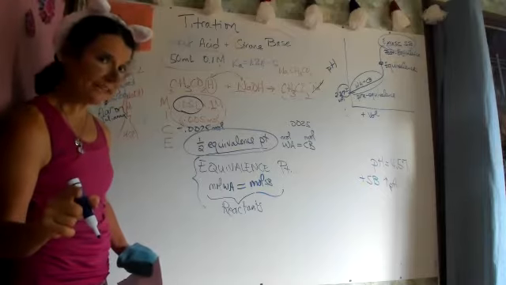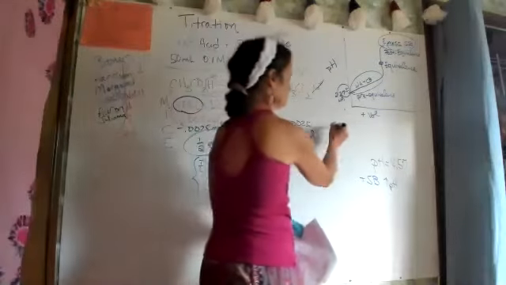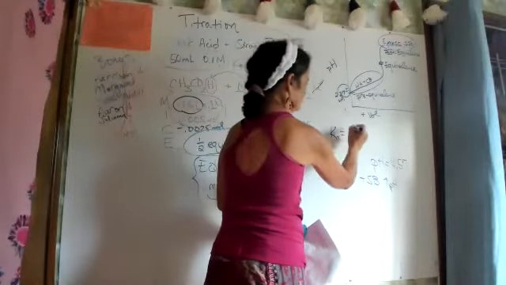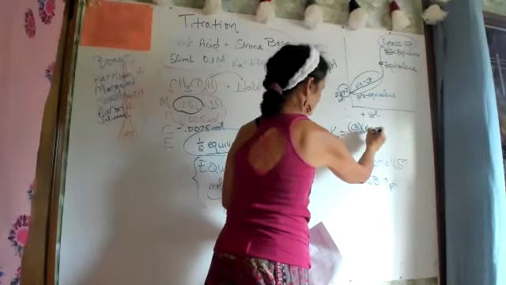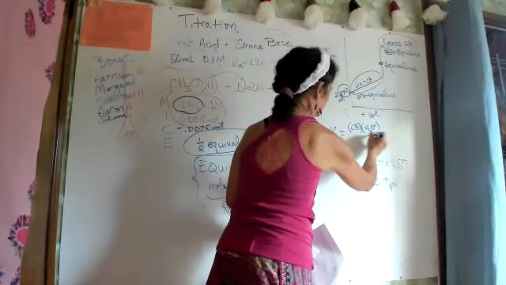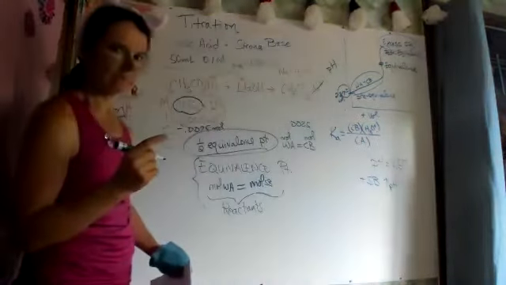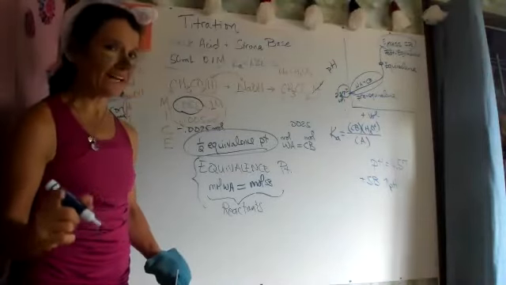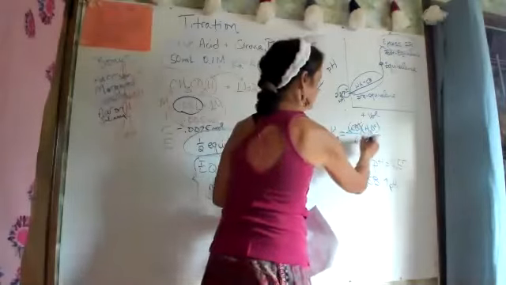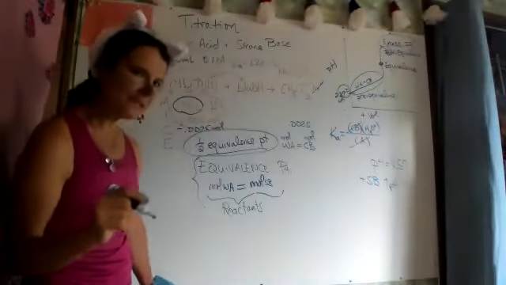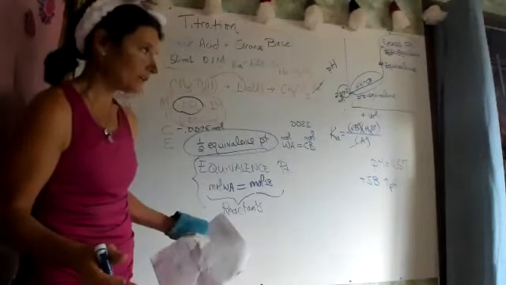So write down your Ka expression. I'll write it over here. So this is why this point is really important. If the conjugate base and the weak acid are the same, they cross out, they're no longer there.